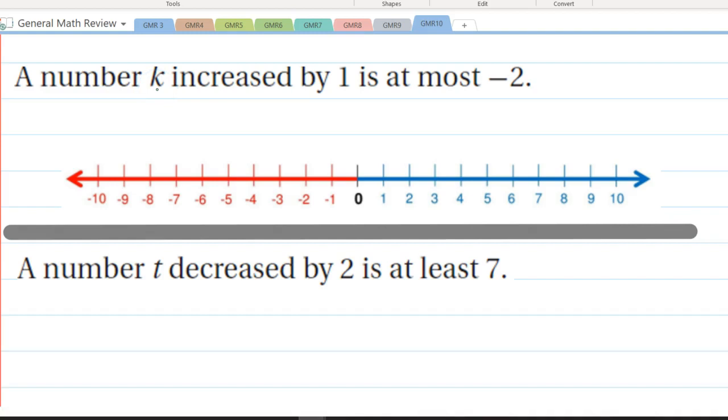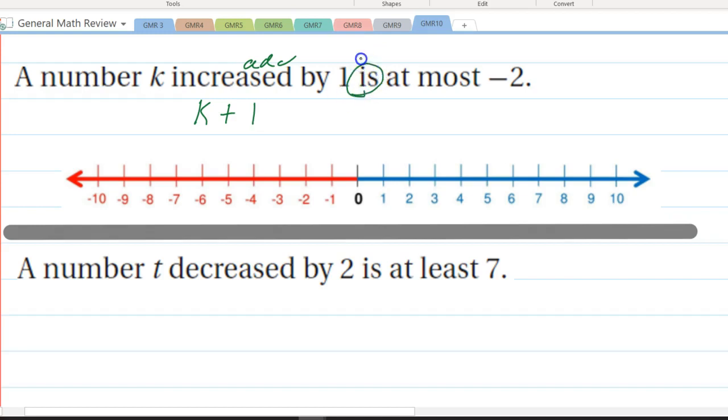Now we're going to translate some sentences into math. It says a number k increased by 1 is at most negative 2. So the number k, I write myself a k, increased by 1. Well, if I'm increasing, I'm adding, so plus 1.